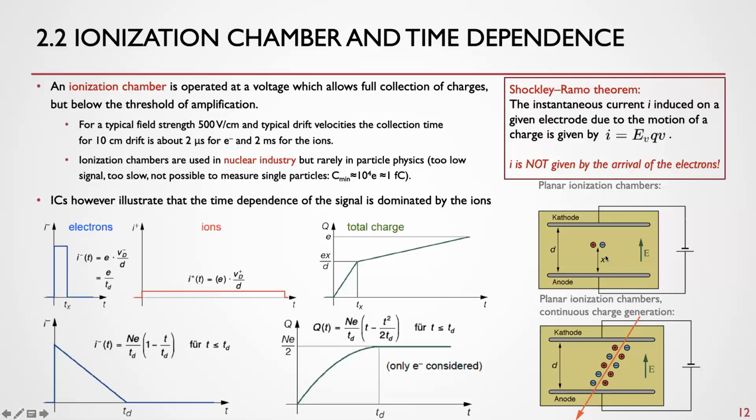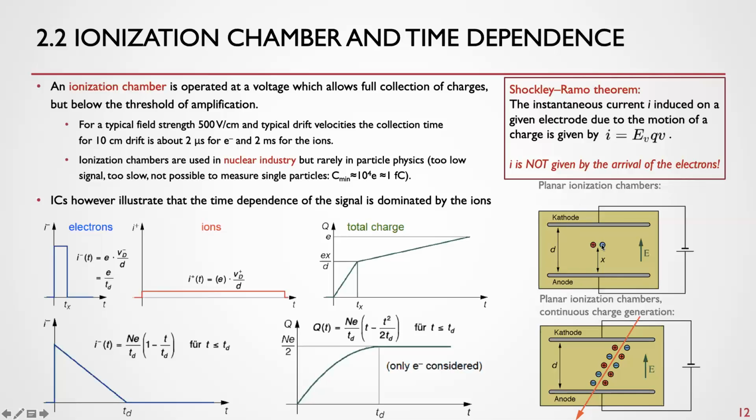So the current starts to flow immediately. Also in electrodynamics, the current is given by the movement of the charge carrier. It's not created by the appearance of the electrons at the anode. This is the Shockley-Ramo theorem, okay? The signal starts instantaneously once the charge carriers produced by the ionization begin to move by means of the electric field lines extending through the whole gas detector all the way to the anode and the cathode.